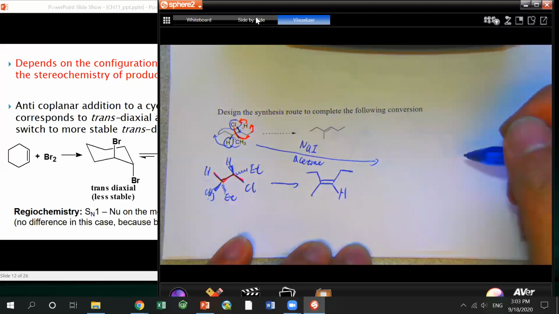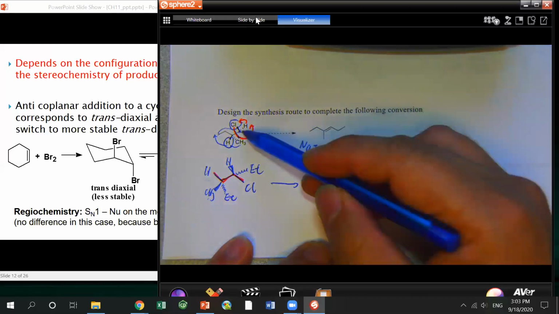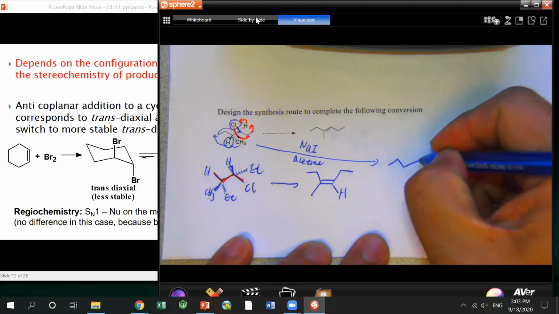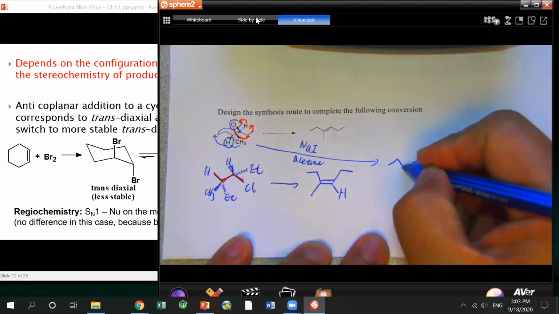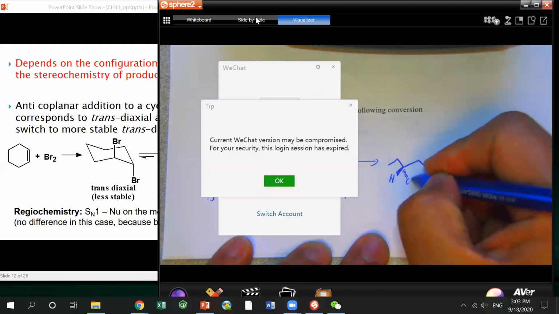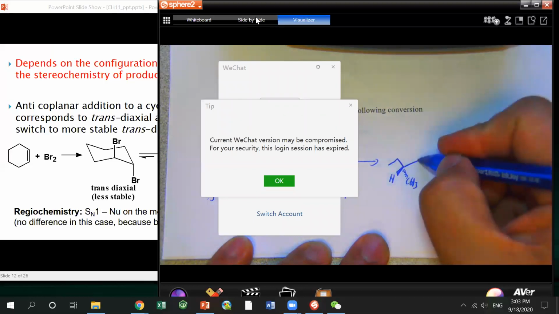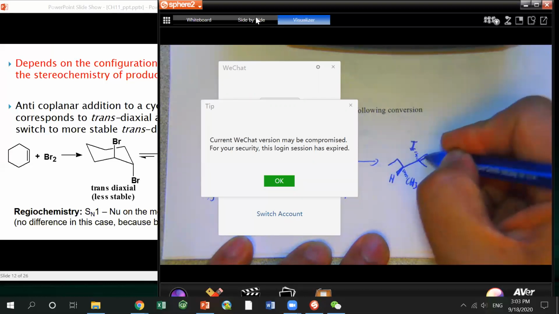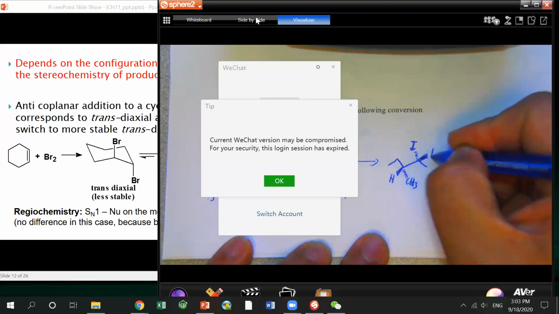You will do an SN2 reaction, inverting the stereochemistry of this chloride. So it is still drawn like this. Nothing changes on the left carbon, but on the right carbon, the iodide becomes a dash bond and the hydrogen becomes a wedge bond.